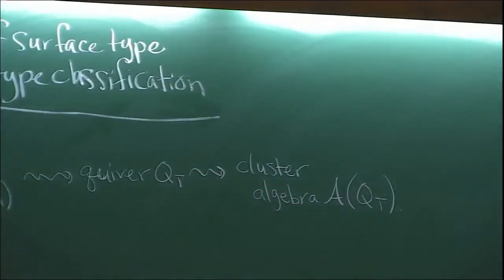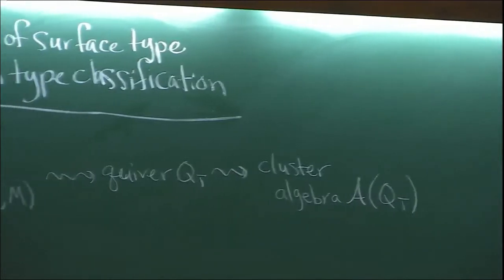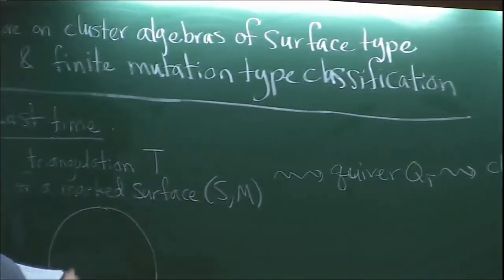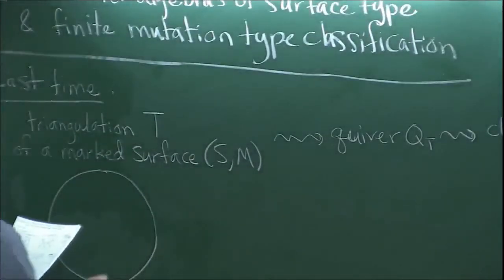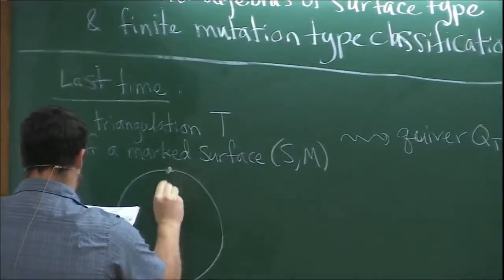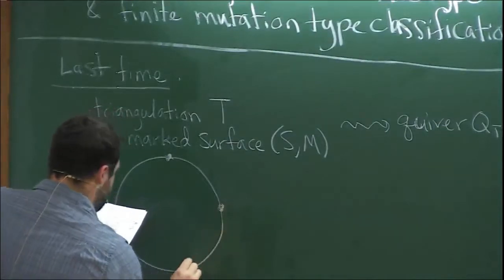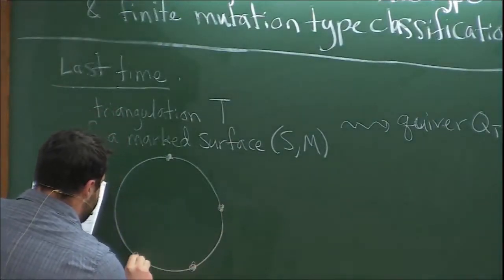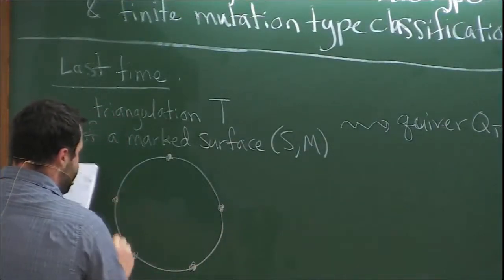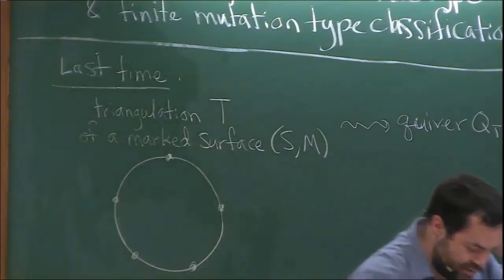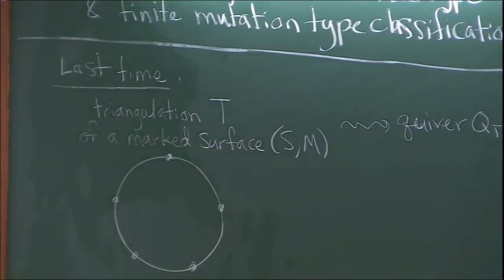Okay, so let's see an example of this. So I'm going to take a disk with some marked points on the boundary. And this is the example we've seen several times. It manifested itself in different ways.